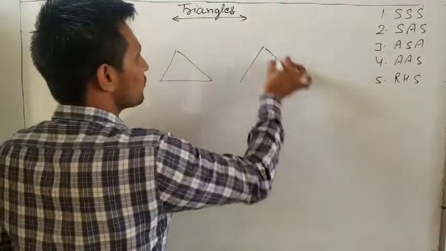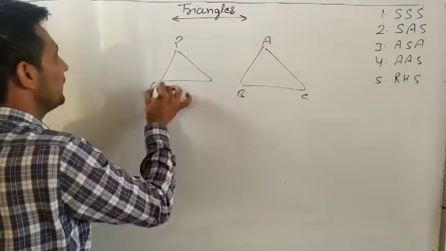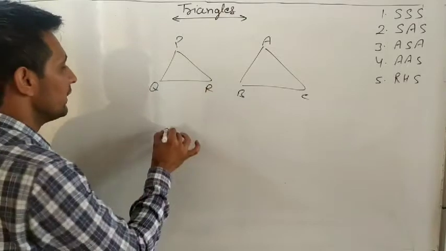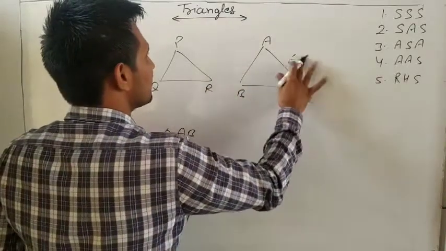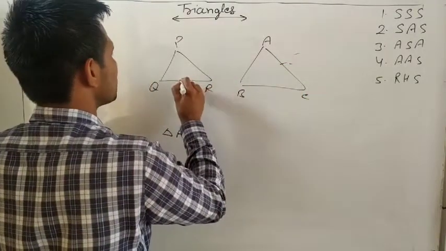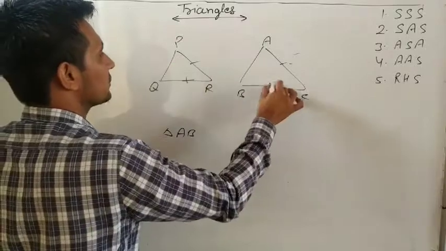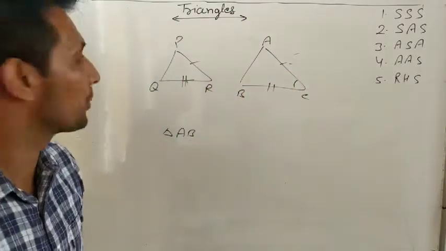Suppose these two triangles are A, B, C and P, Q, R. Suppose this side is 6 and equal to this one. Suppose this one PR equals this one, and this angle is equal, 40 degrees. So these two triangles are congruent by which property?